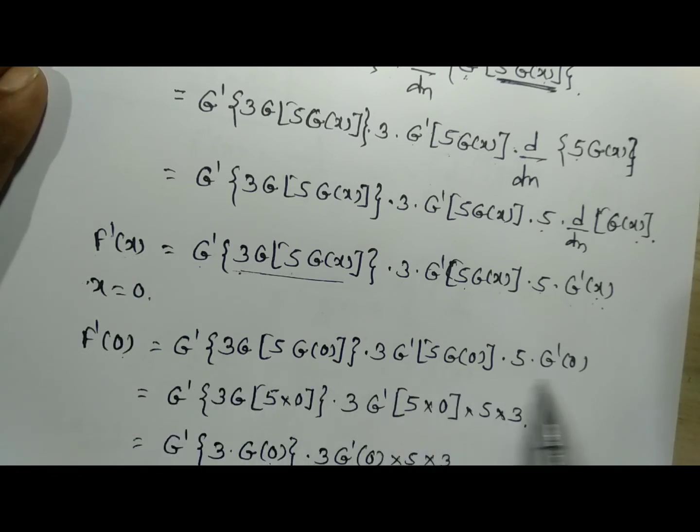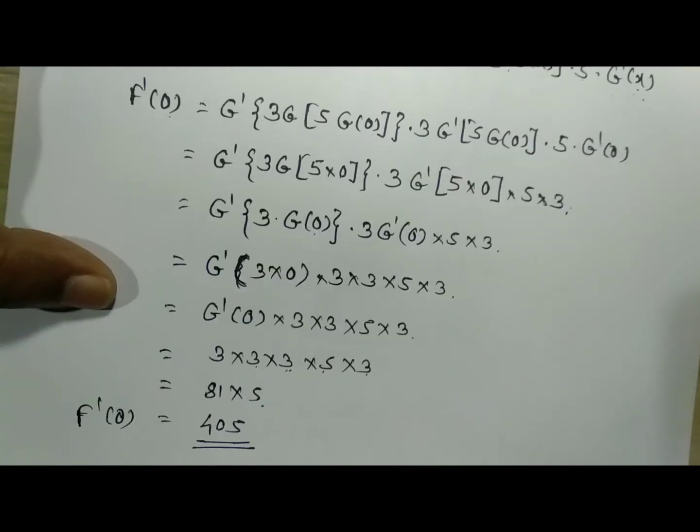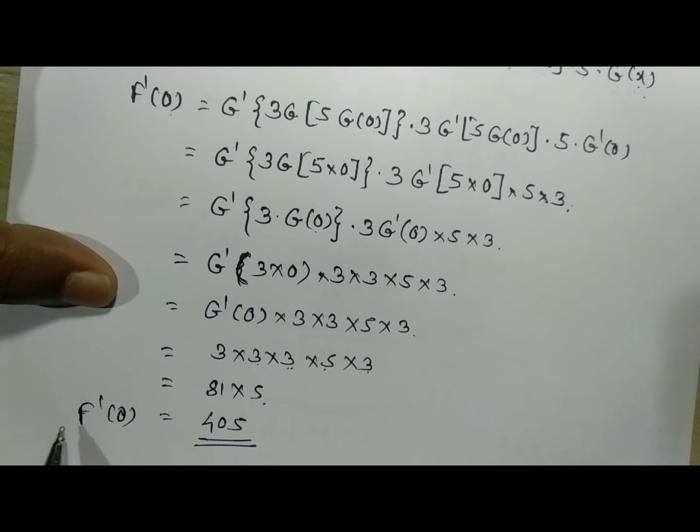By putting the values g'(0) = 3 and g(0) = 0, you find every value related to that function, and you get the answer f'(0) = 405.